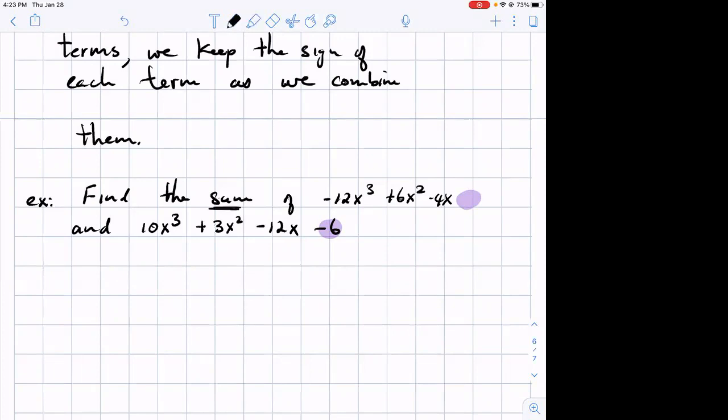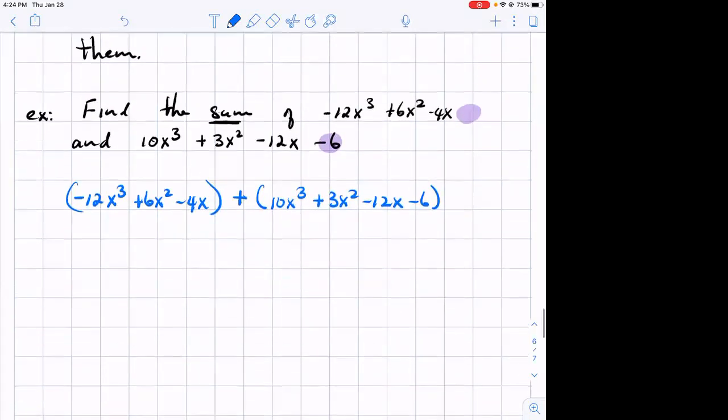So since we're summing, I'm going to write the first polynomial, which is minus 12x cubed plus 6x squared minus 4x. That's my first polynomial. And I'm going to add that with the polynomial 10x cubed plus 3x squared minus 12x minus 6.